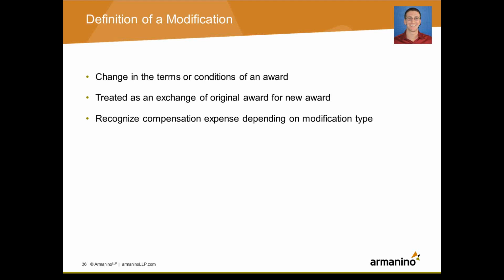It's treated as an exchange of an original award for a new award. You'll see many of the systems actually treat modifications as such, so you cancel the original award and reissue a new award. And then you're going to recognize expense, potentially incremental expense, depending on the modification type.